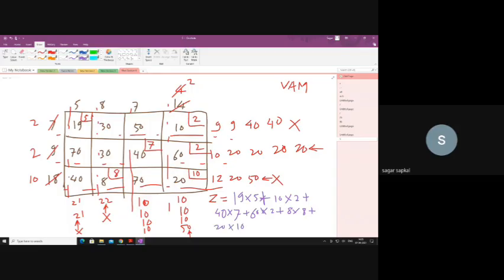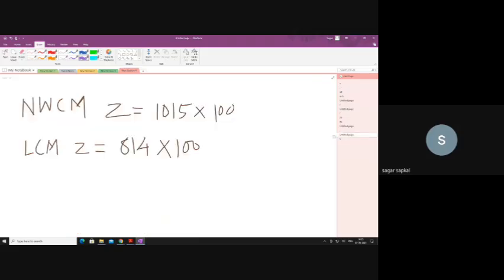How much is it? 779. 779, that is in rupees. So by VAM, Z value is equal to 779, as it is given in hundreds of rupees. Am I right?